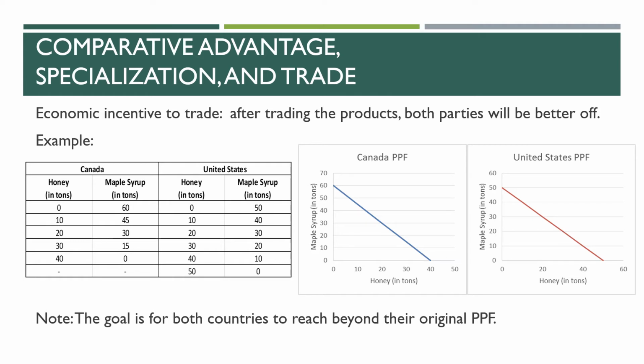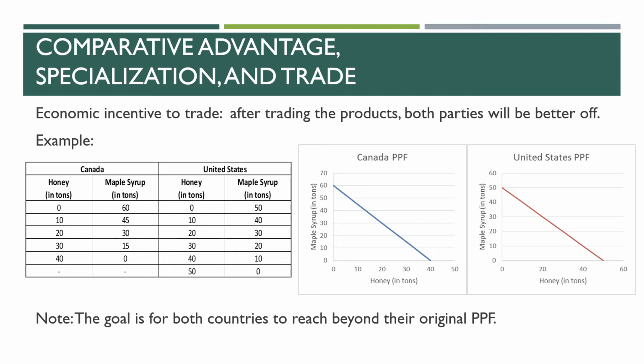benefit both sides. So in this table and graphs, we are demonstrating the two-good PPF model in two countries. One is Canada, the other one is the United States. And we assume both countries are producing exactly the same things: either they produce honey or maple syrup, or maybe a combination of both.